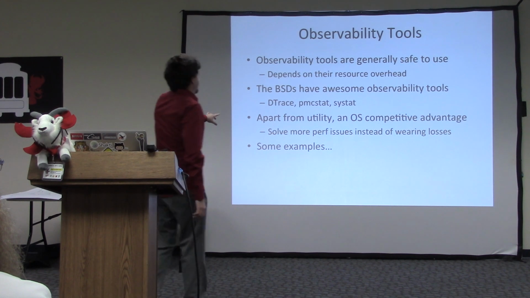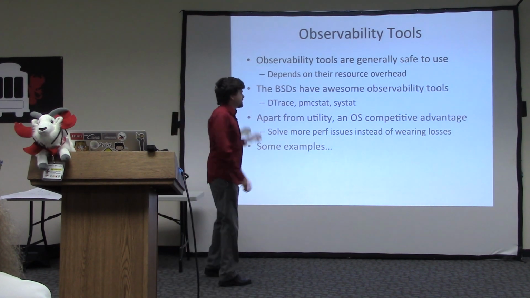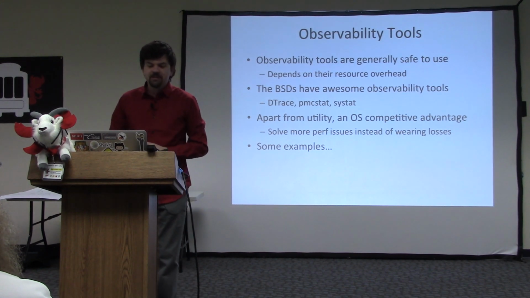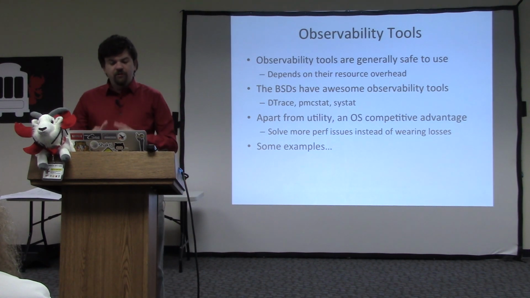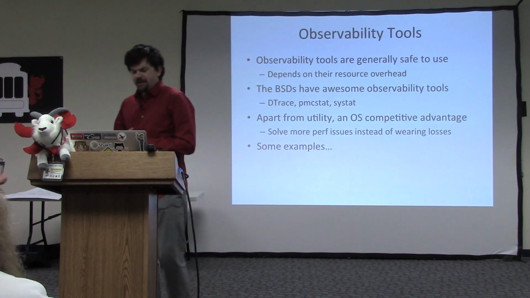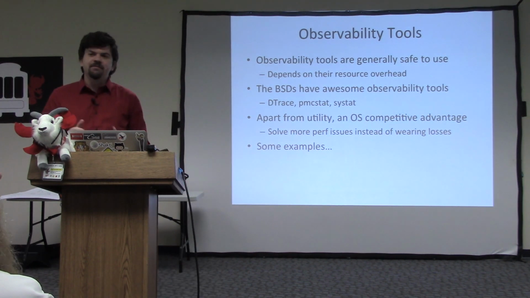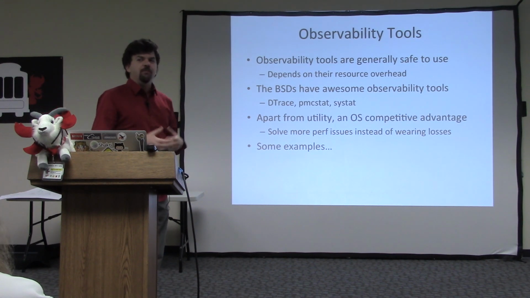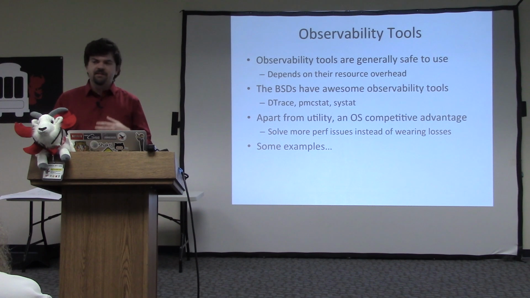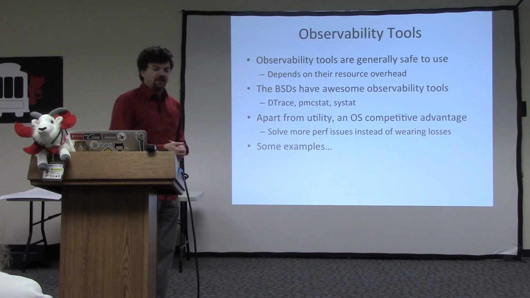Apart from utility, the tools that FreeBSD has are also a competitive advantage, which should be pretty obvious. It's about solving performance issues instead of wearing losses. A misconception when comparing operating systems is to look at just the out-of-the-box performance: is my micro benchmark 5% faster than Linux or 5% faster than something else?